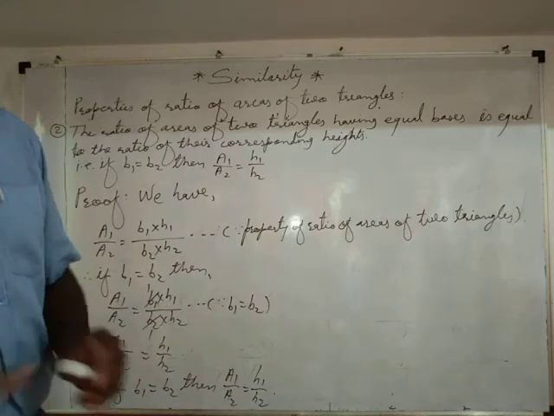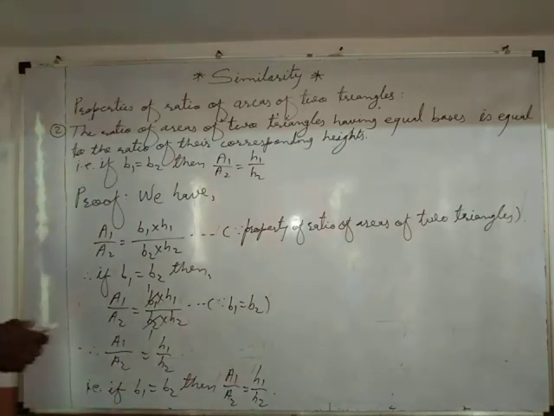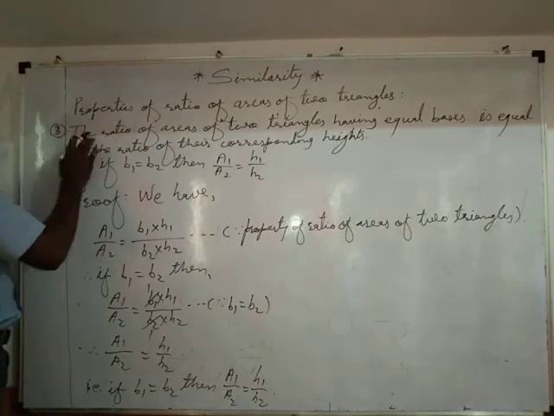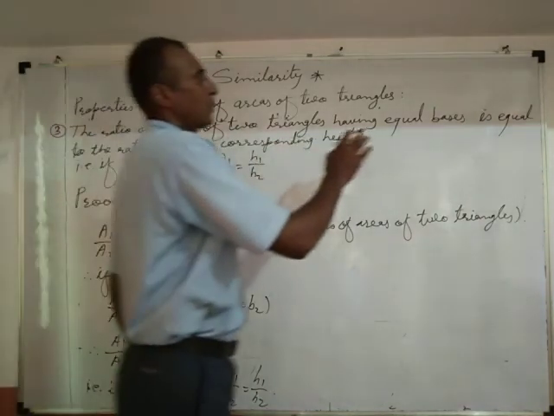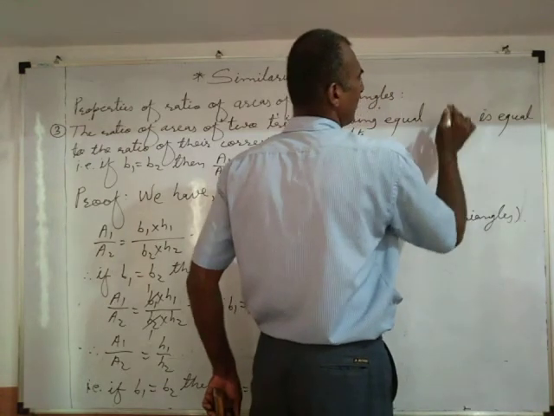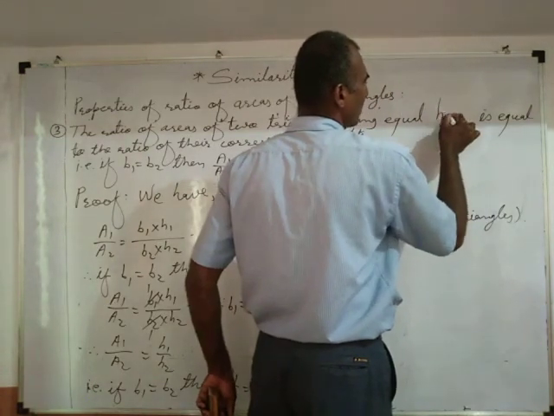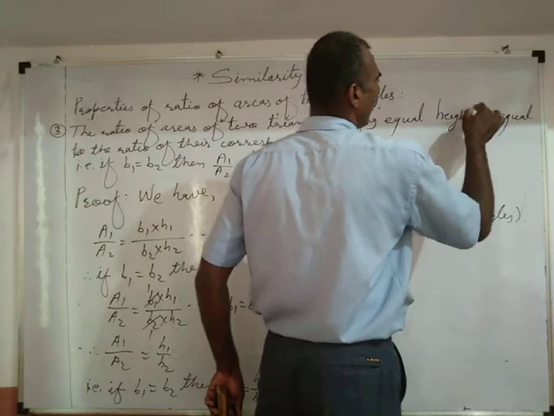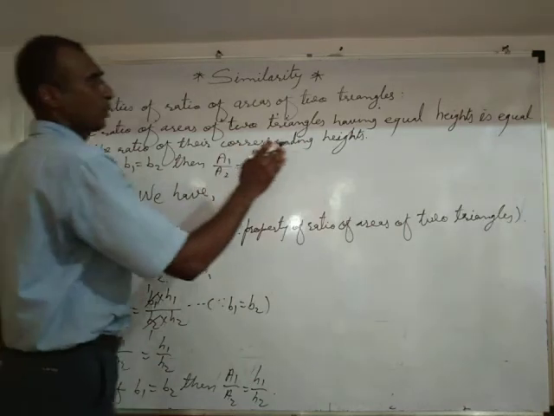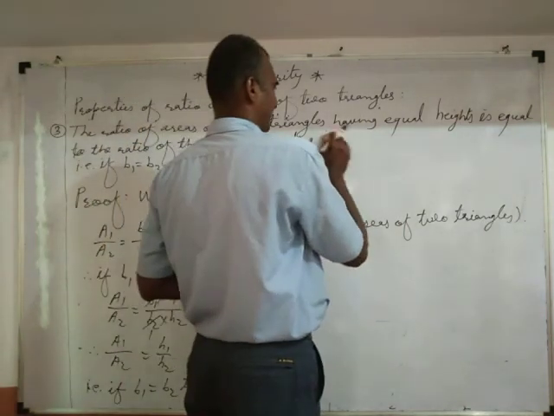Similarly, we can prove the third property. And what's that third property? The third property is the ratio of areas of two triangles having equal heights, meaning the word bases will be replaced by heights, is equal to the ratio of their corresponding bases.